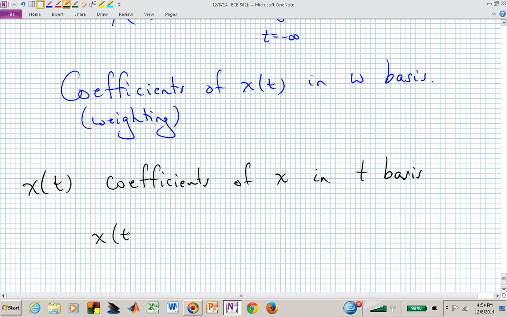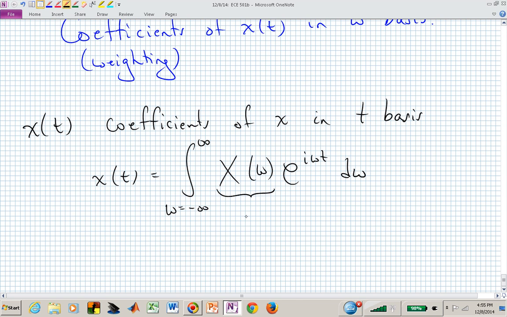So that now we have x of t as this integral from omega equal minus infinity to infinity of X of omega e to the I omega t, d omega. And this is what we were saying were those I of omegas before.